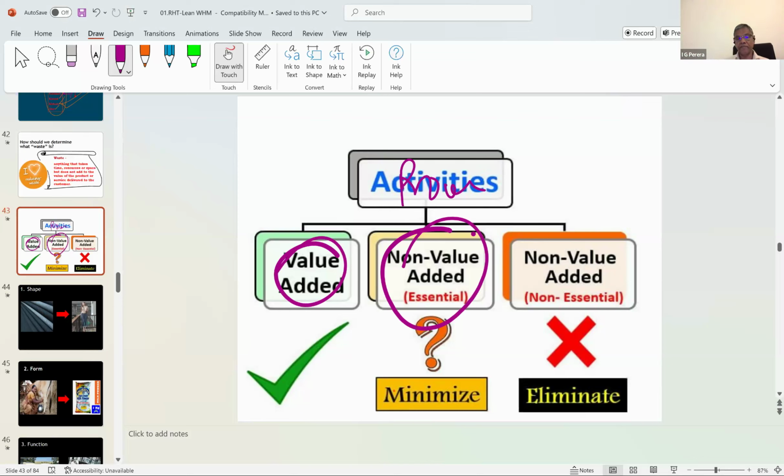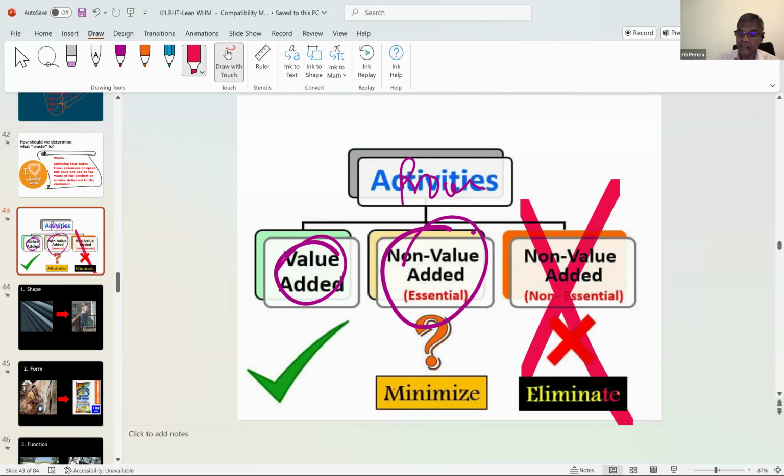Therefore, you can't eliminate it. You have to minimize it and make it smaller. But there are some activities in organizations that are non-value adding and not required. So when it is non-value adding and not required, you can eliminate it.